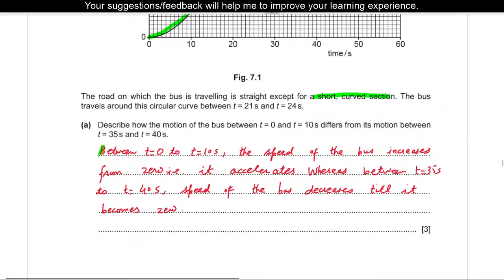So you must write this 0 as well because 1 mark is of it. From 0 and becomes 0, 1 mark will be of this to state that it begins from 0 and it ends at 0. 1 mark will be the speed of the bus increases from time 0 to time 10 seconds, and 1 mark will be of speed of the bus decreases. So if you write this answer, you will get whole 3 marks.